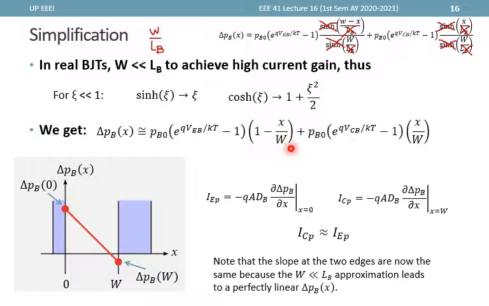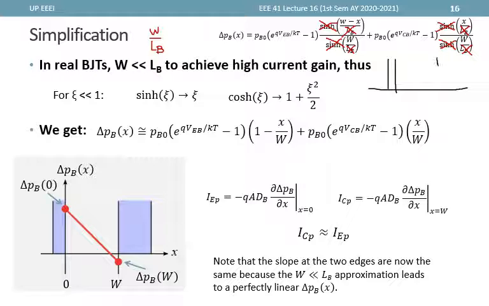approaching a linear behavior. So this plot here shows the excess hole concentration at the base for our PNP, and this specific example is for a forward active case where this junction is forward bias and this junction is reverse bias. Now note that this is a bit different from what was normally drawn in the previous slides.